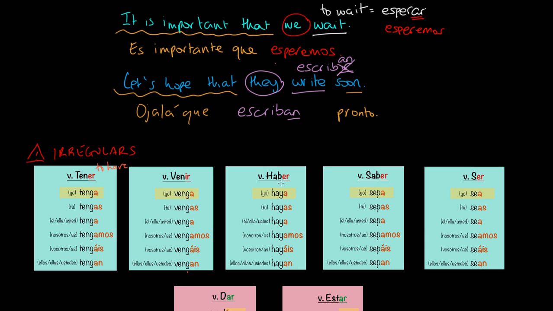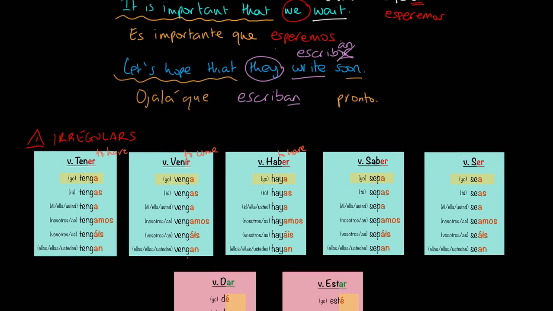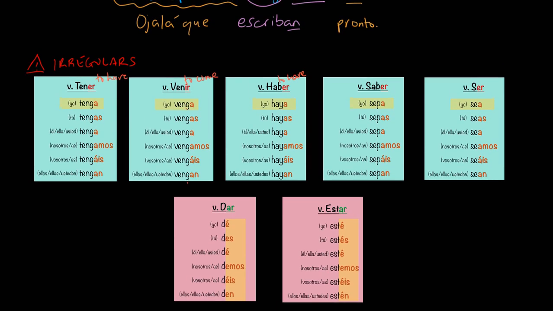Haber, same thing. By the way, venir is to come. Haber is to have, but it's the to have that is an auxiliary. It doesn't mean to own something. It's what you're using, for example, in I have danced. So the first person is haya, and all the others follow the same stem and add the regular endings.